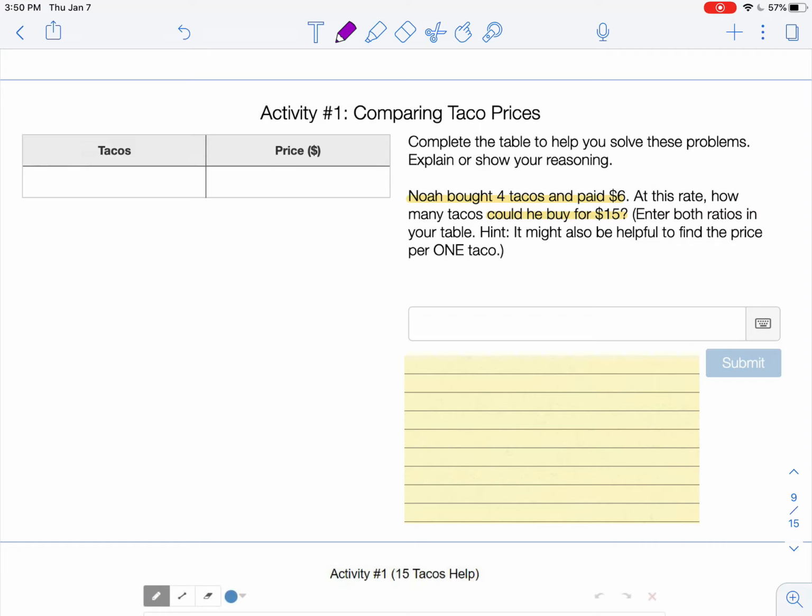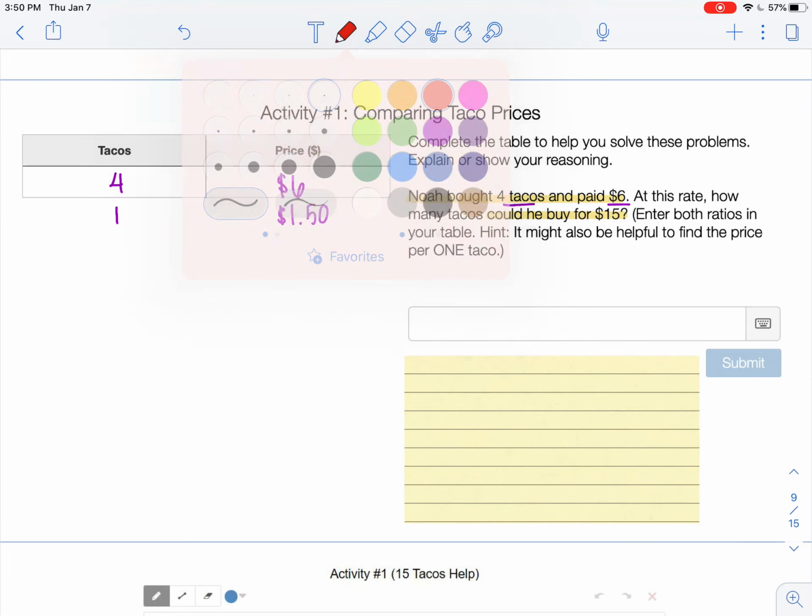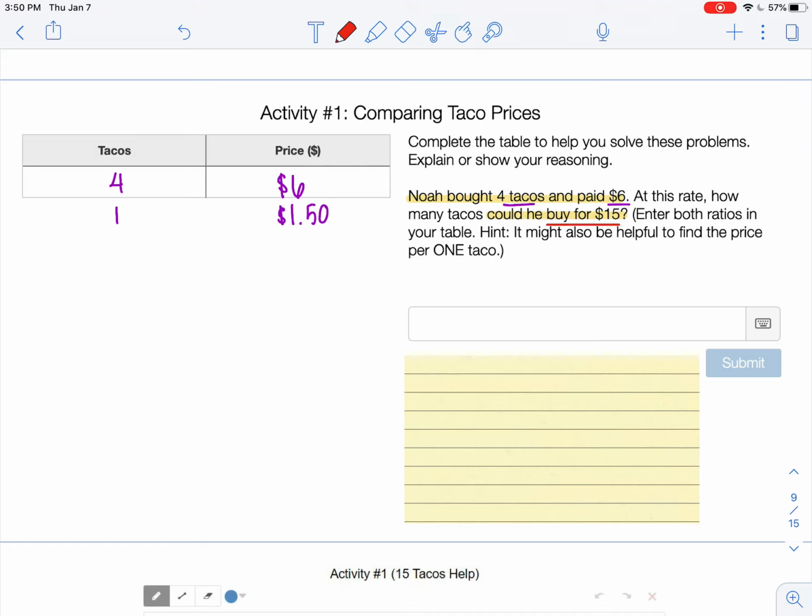Step 1 asks you to fill in the price for 4 tacos and 1 taco. Well, we know that 4 tacos cost $6. And we know that 1 taco costs $1.50 because remember, we just found the answer to that question in the step above.